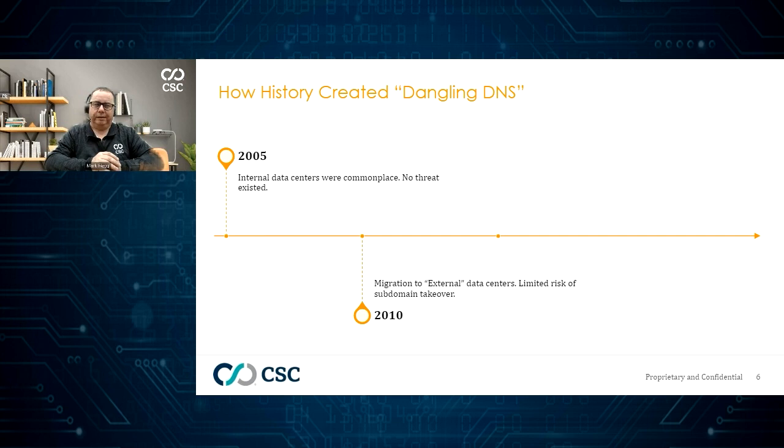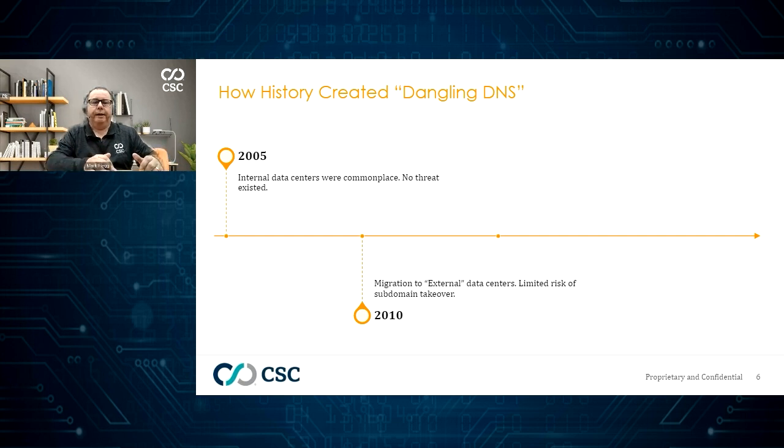So if we fast forward to something like 2010, it was deemed that, well, hang on a second, we've got a lot of investment for these data centers. Does it make sense to go to an external? We get a more cost-effective solution. It's somebody else's core competence. Therefore, they're going to invest in security and all the rest of it. And going from no threat, where it was our data center, because we're not going to give up our IP addresses or CNAMEs to a third party.